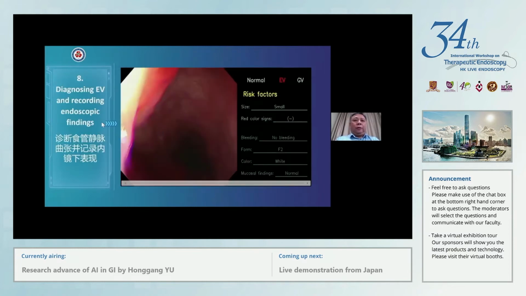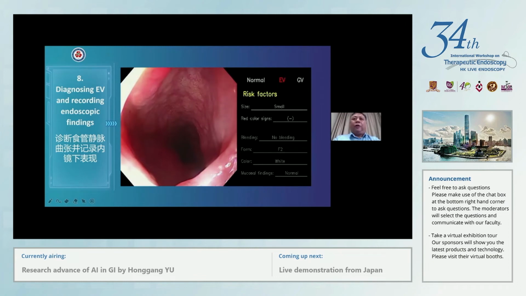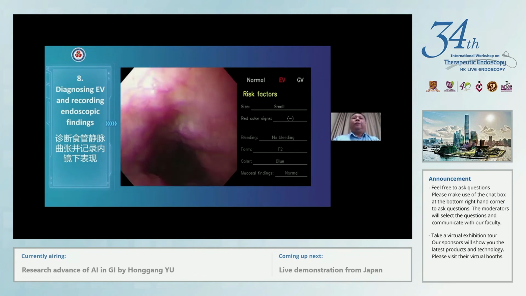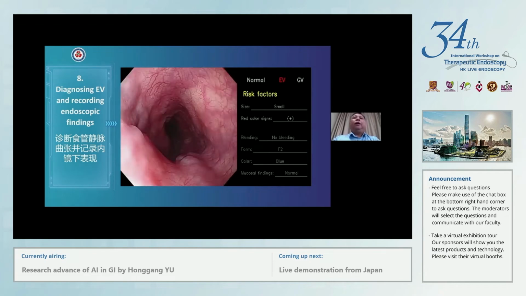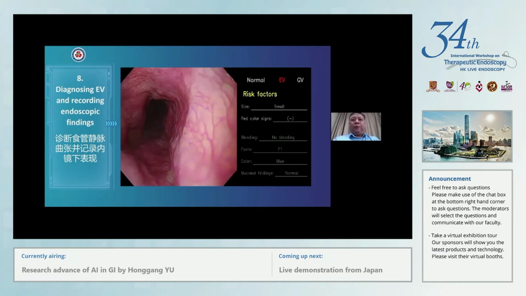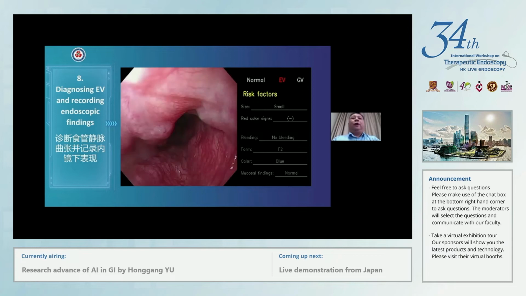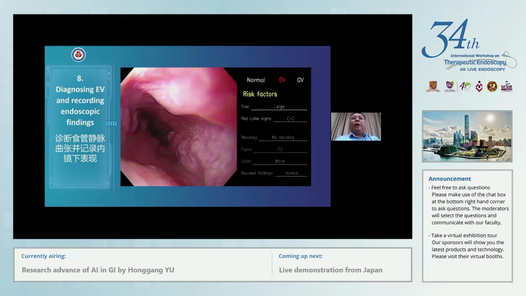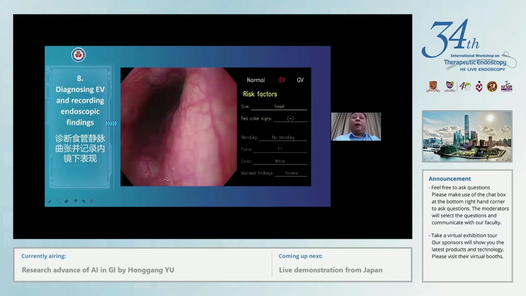We also diagnose esophageal varices and gastric varices, but we only predict the risk of early bleeding. If the risk of bleeding is very high, maybe you should go ahead to do therapy, for example EVL or EIS.